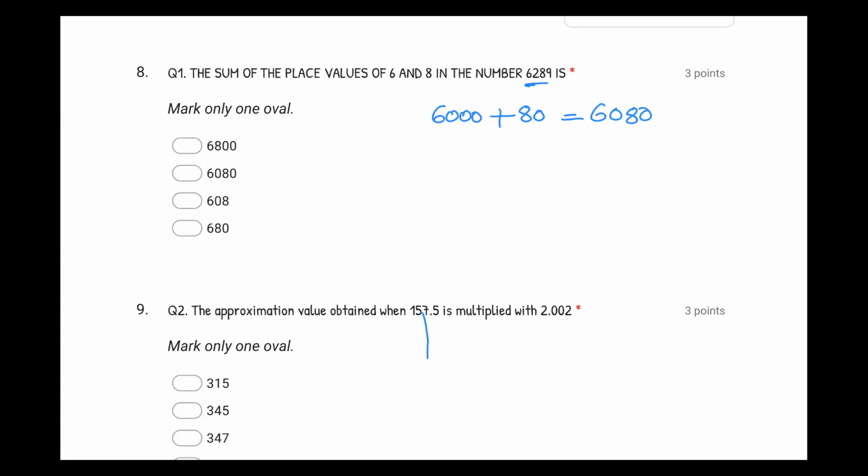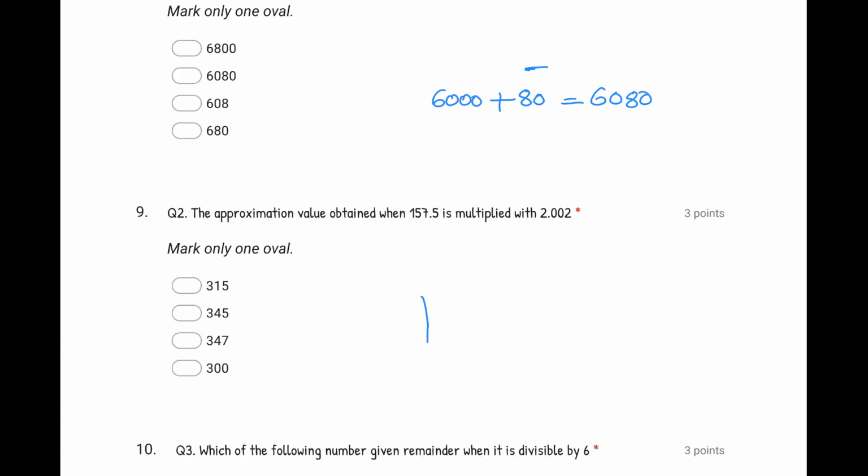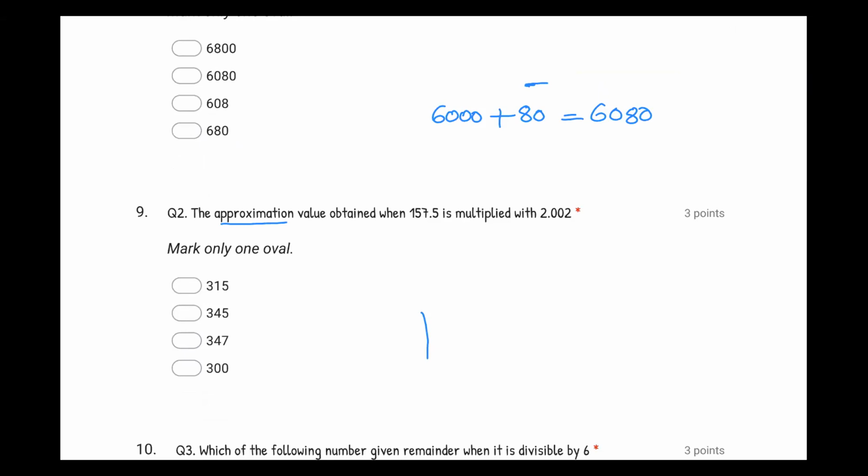And next question, the approximation value obtained when 15.75 is multiplied with 2.002. Here approximation value is nothing but nearest value. Here 15.75 multiplied with 2.02. The easy method of doing here: after the decimal there are 00 and after that 2.